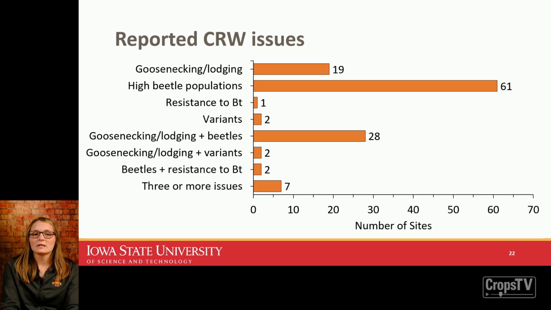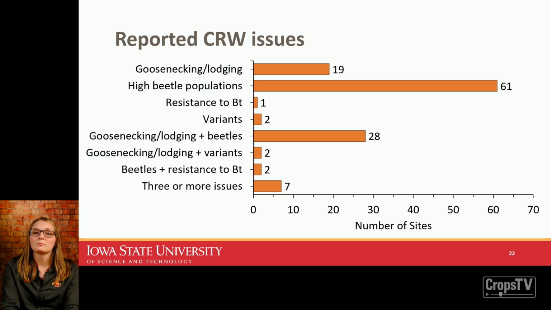And then I was interested in looking at what corn rootworm issues were being reported through this network. You can tell that these numbers don't add up to 619, and that's because either people were not reporting that they had issues, or they didn't want to answer the question for some reason.